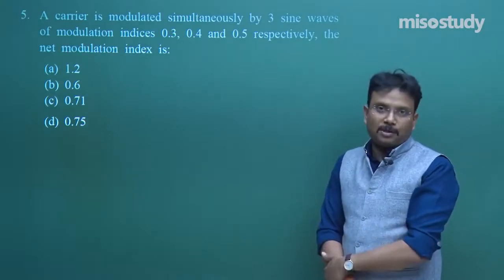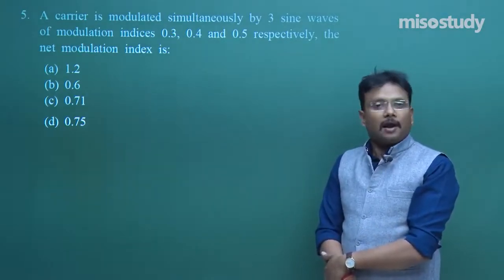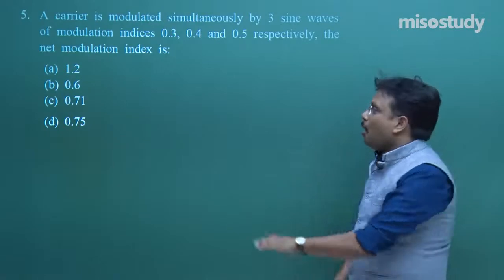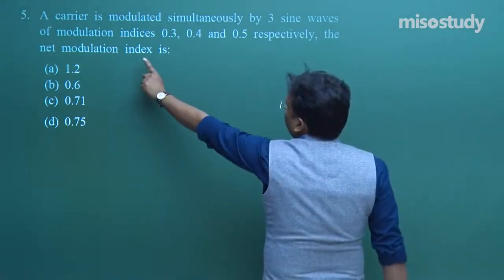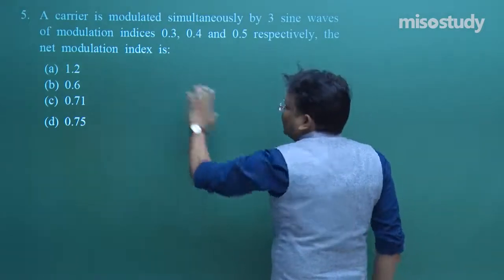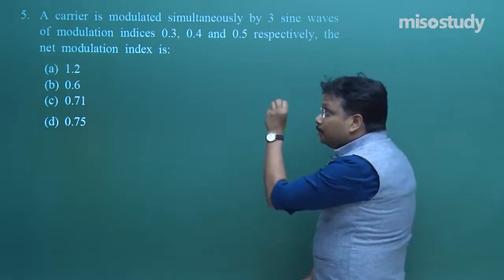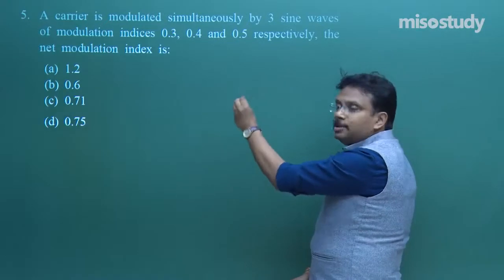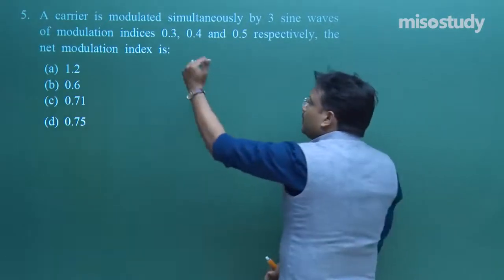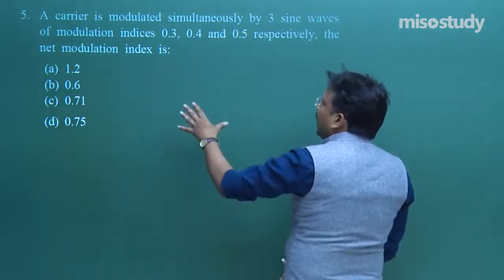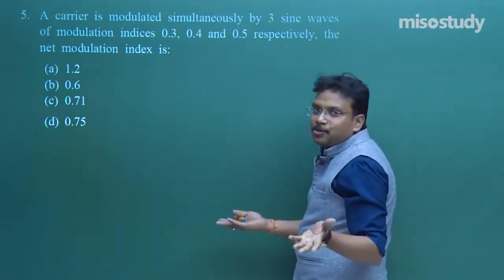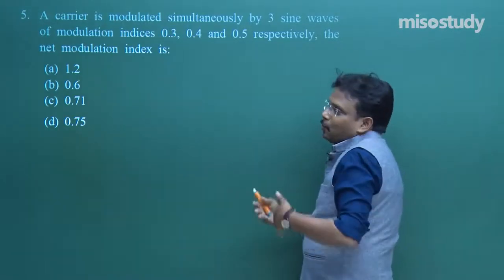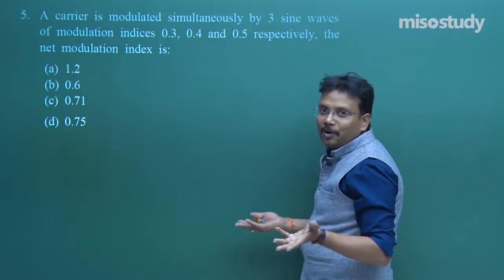Very simple question, but if you are unable to recall the formula, obviously things are going to be difficult because of this modulation index. Fine. Definitely I picked this problem to emphasize this aspect. So let us start to remember rather, nothing is to understand. In a formula either you are able to recall it or unable to recall it, fine.